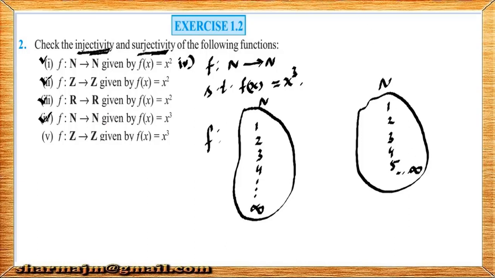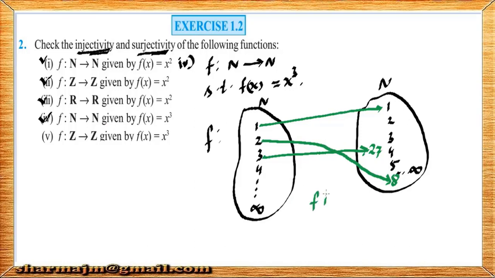Now here you observe 1 cube is 1, so image of 1 is 1, and 2 cube is 8. So image of 1 is 1, image of 2 is 8. Similarly, image of 3 will be 3 3s are 9 and 9 3s are 27. So image of 3 will be 27. So therefore this function is 1 1.